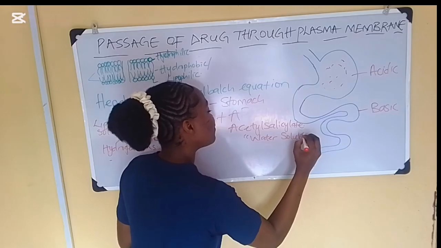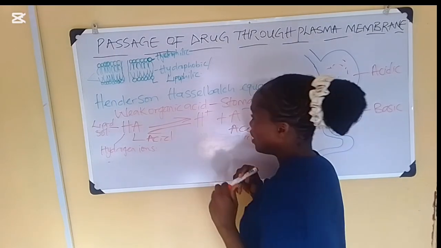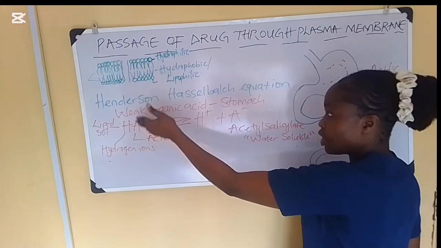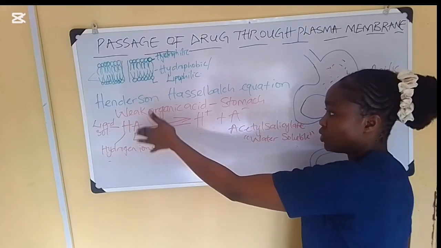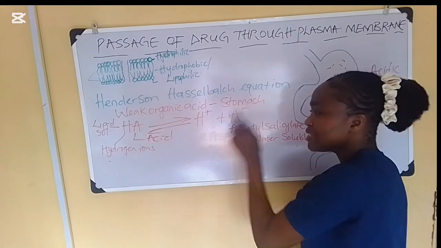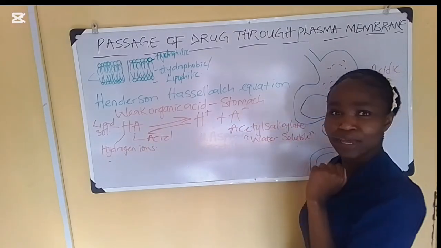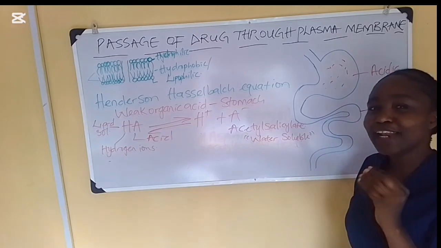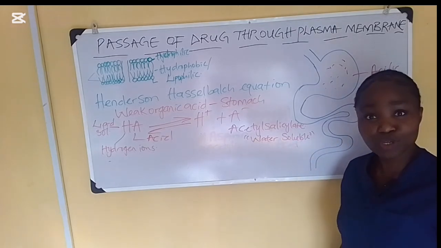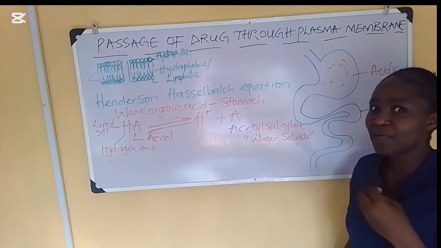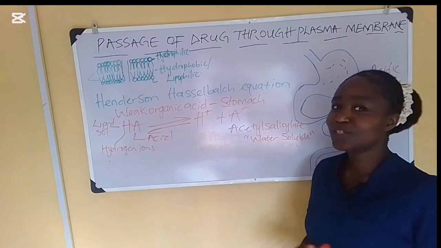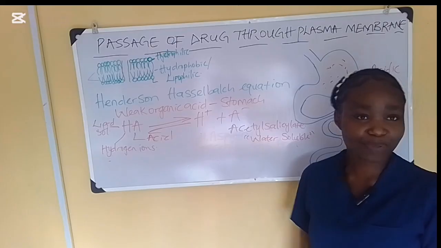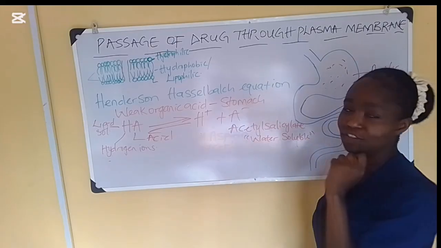What does this mean for us? If an organic acid in the form of a drug like aspirin loses hydrogen ions, it becomes acetylsalicylate and water soluble, and this water soluble form cannot pass through membranes. We do not want this. We want a drug that is able to pass through membranes, so we want the drug to be in the lipid soluble form without losing hydrogen ions.